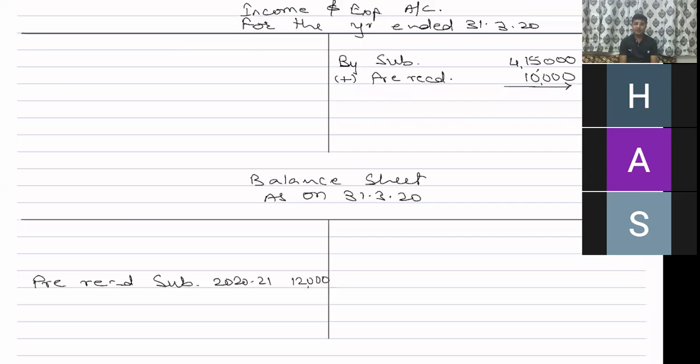That 10,000, if it's been provided in the opening balance sheet, nothing else has been provided with reference to that, then in that case, it will simply be considered as the income of current year and won't be included in the income and expenditure account, the balance sheet.